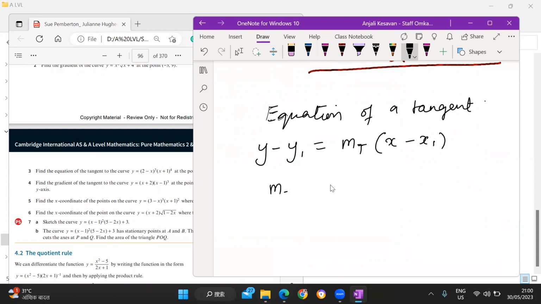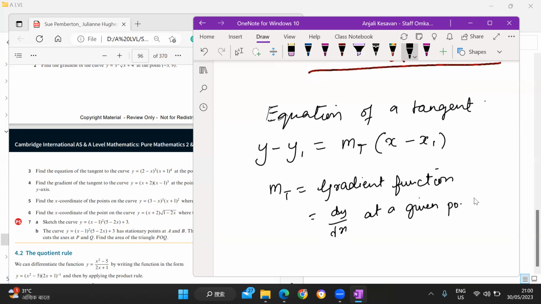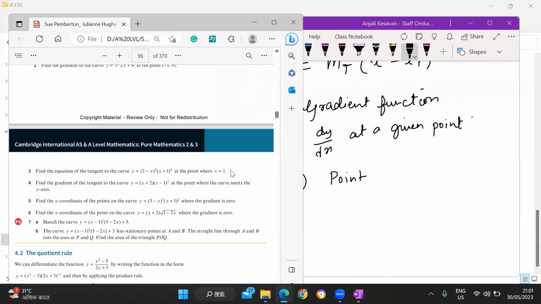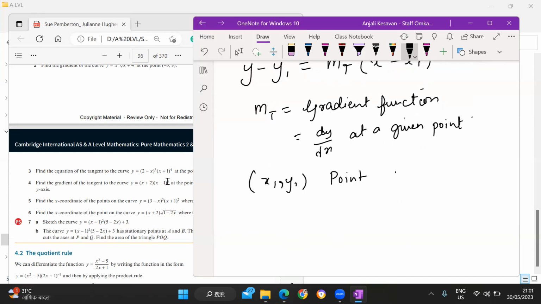Here, the gradient is the gradient function or derivative of x at a given point. Okay, and x1, y1 is the point where the tangent is passing through. And obviously, the question has mentioned the point and it should be given.